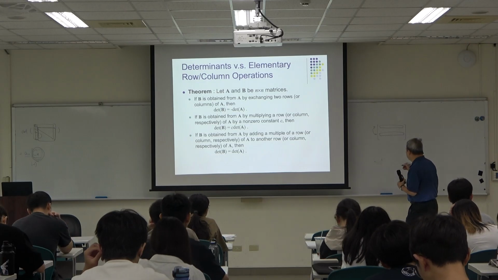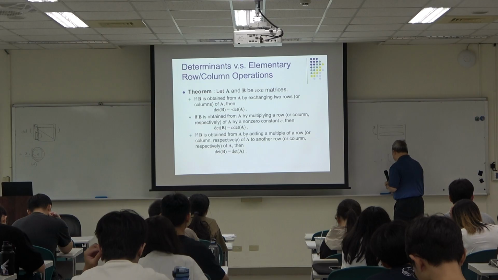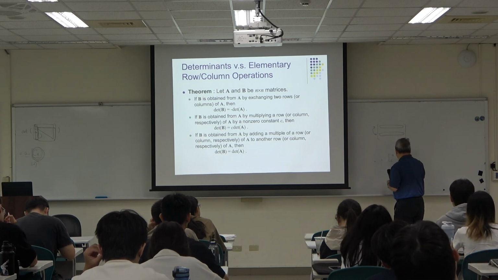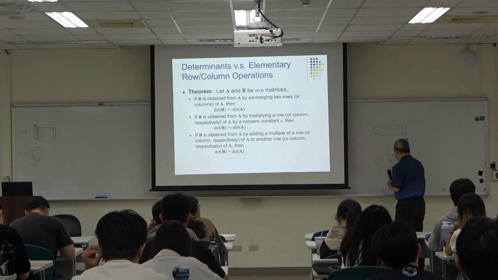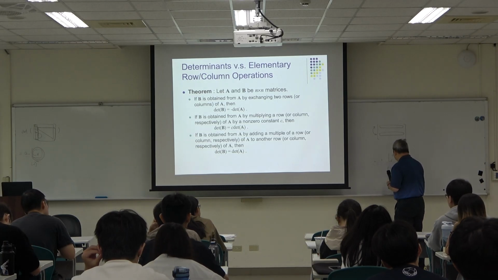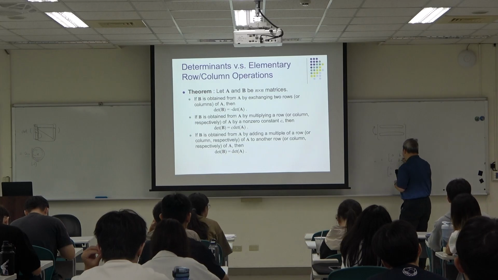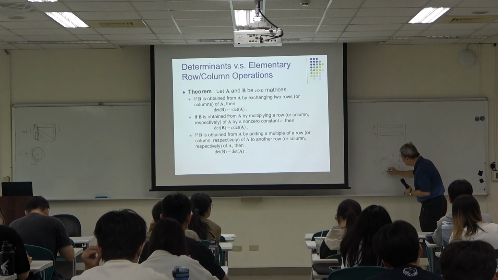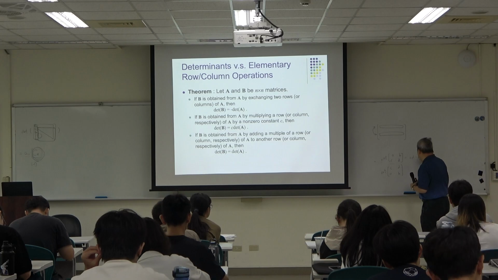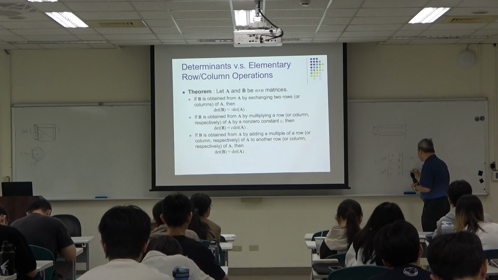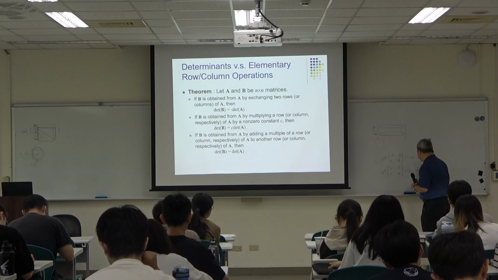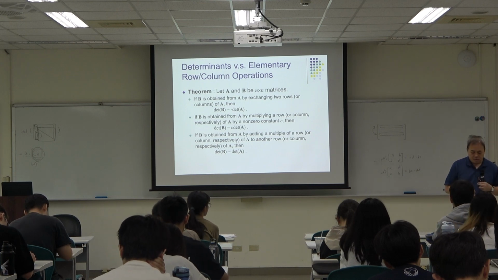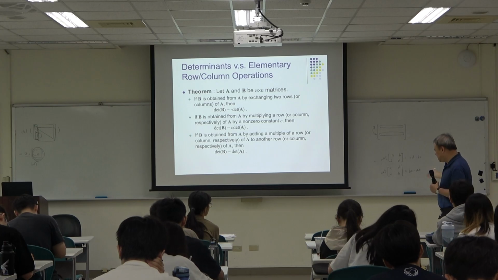So let's look at the matrix A, B, C, D, and the result of the exchange, C, D, A, B. You can see that the first is AD minus BC, and this one becomes BC minus AD, which exactly satisfies what we want.